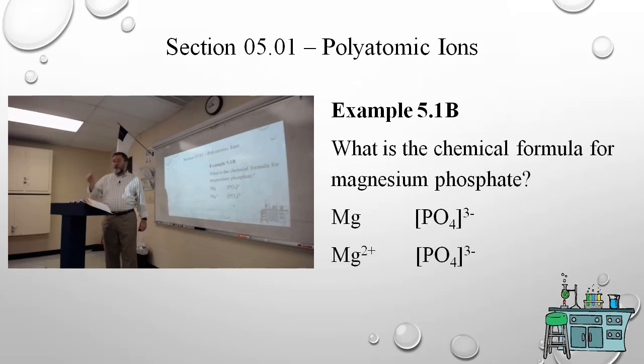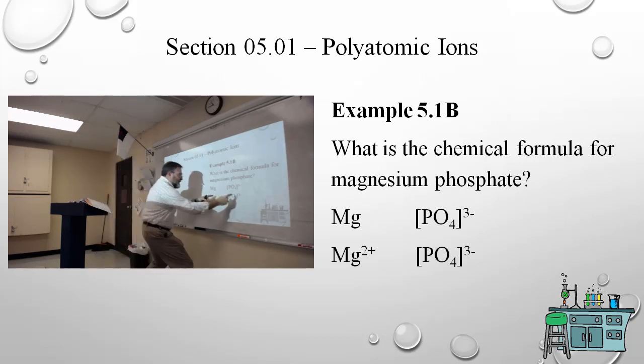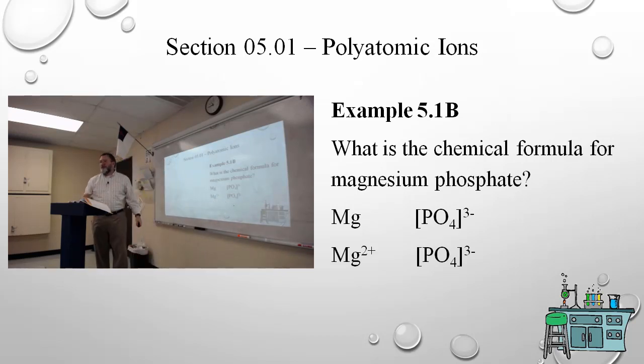And what is the subscript of phosphate going to be? 2. Where did you get that black magic from? Where did you get those secret answers? Right here. Drop the signs, transpose them as subscripts.